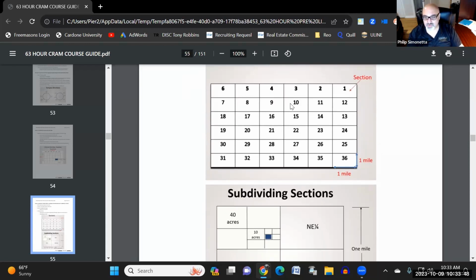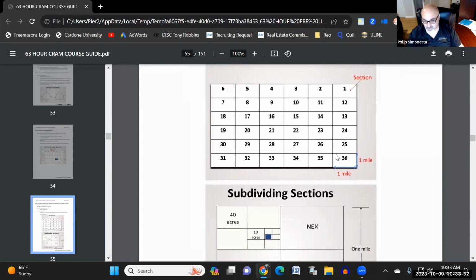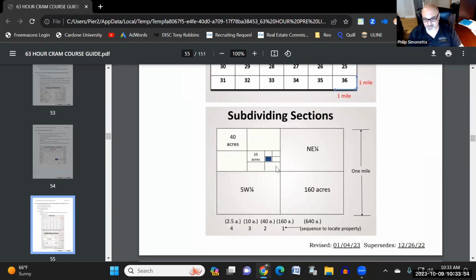Now, you also have to remember how to subdivide sections. Here's your section, but then that section breaks down into 4 pieces, and then that breaks down into 4 pieces, and then again. This is how you narrow down where the property is.